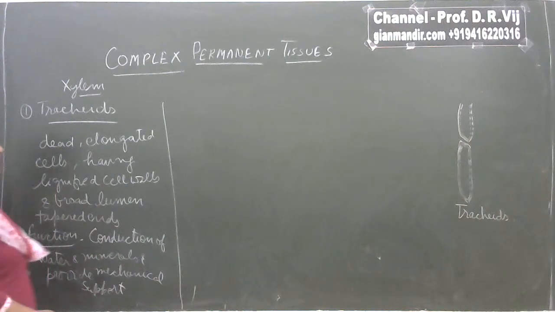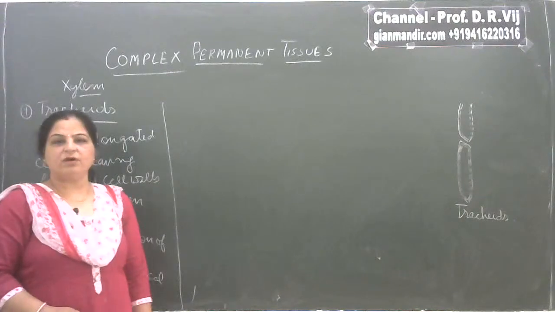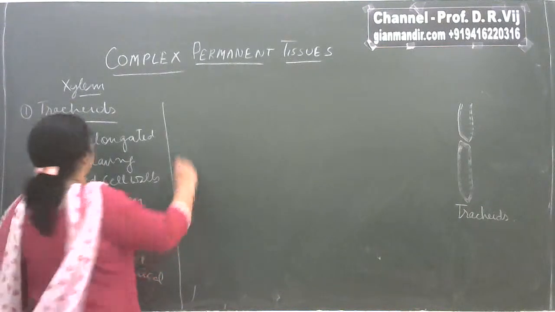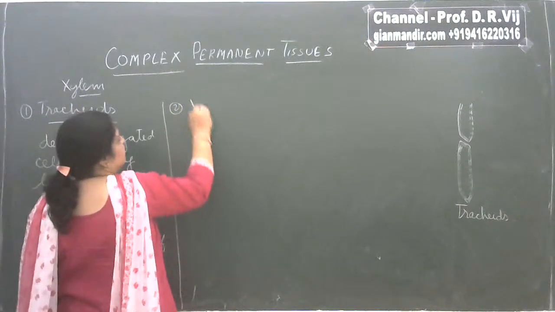That is about tracheids. Another type of component of the xylem is vessels.